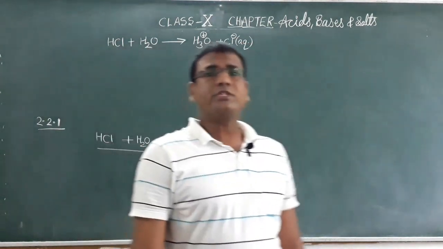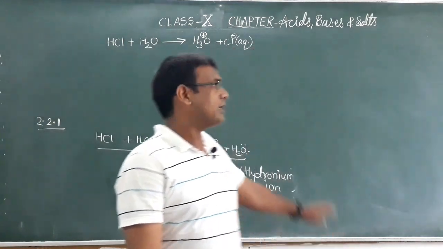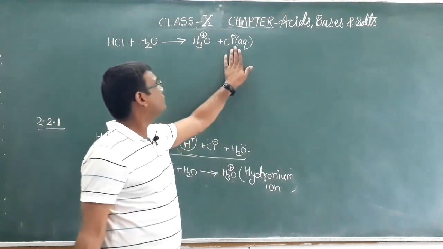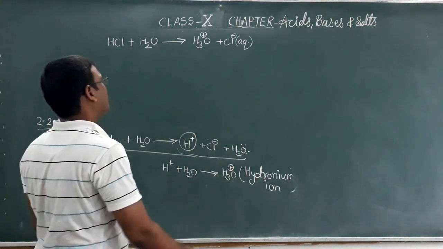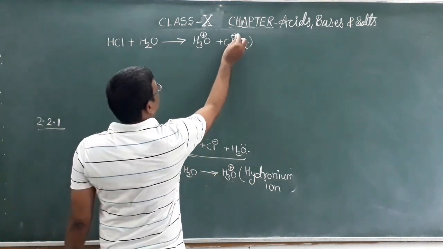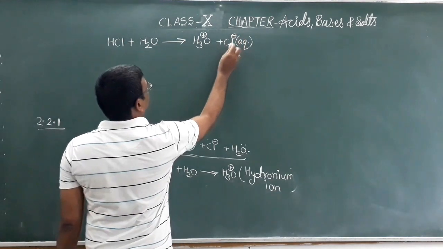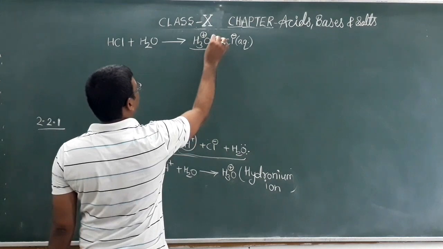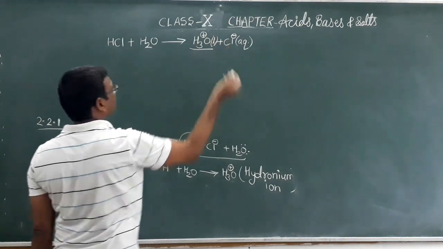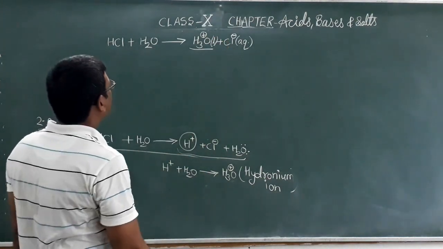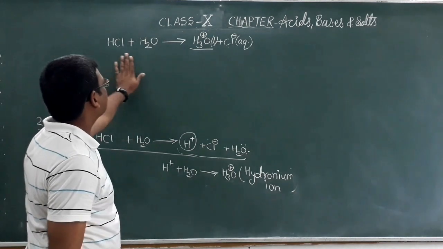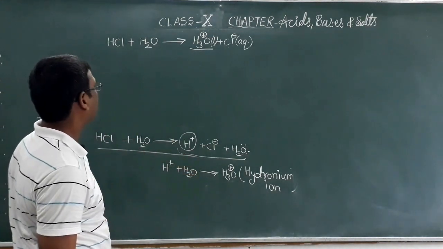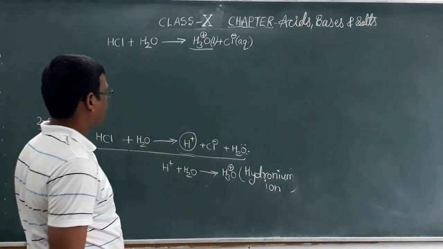Aqueous, meaning this chloride ion, Cl minus, is present in water, that's why we write Cl minus Aq. This is the aqueous state of the chloride ion. And here it is hydronium ion. Here you can write L, that is liquid, or you can use Aq. So this is another method of writing this equation. This one is also correct and that one is also correct.